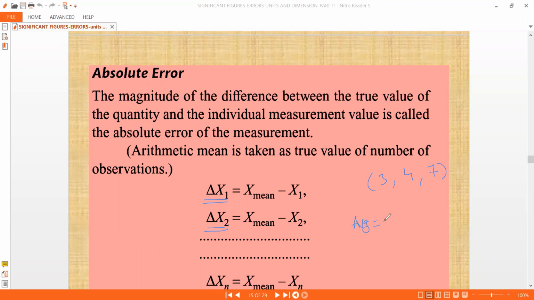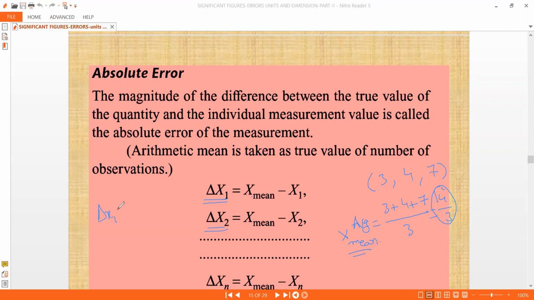The average value is nothing but 3 plus 4 plus 7, the sum of the numbers, divided by 3. So that is basically 14 by 3. So 14 by 3 is the average, and this average is our x mean. Now how do I calculate delta x1?